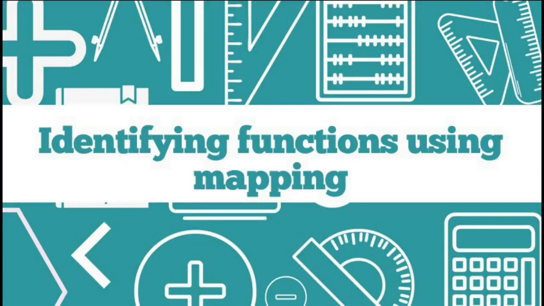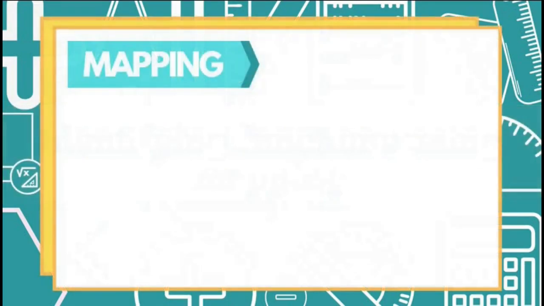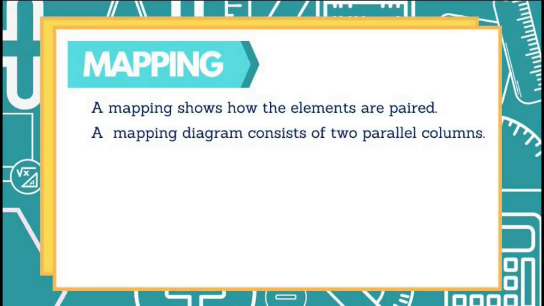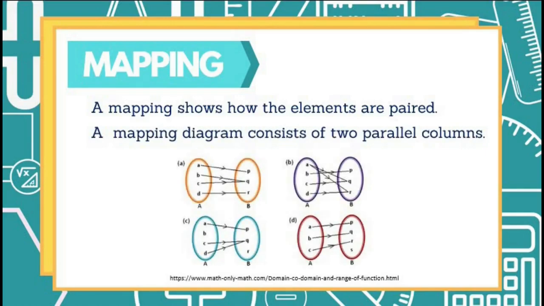Let's now proceed in identifying functions using mapping. But before that, let me discuss what mapping is all about. So a mapping shows how the elements are paired, and a mapping diagram consists of 2 parallel columns. So here below is an example of a mapping diagram.